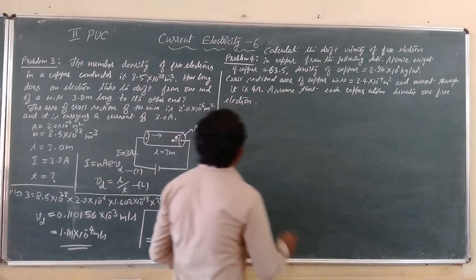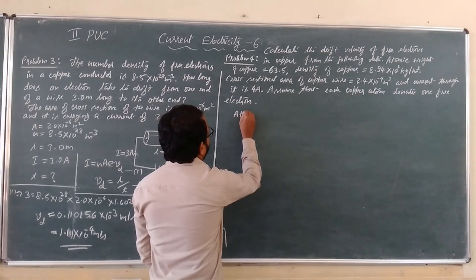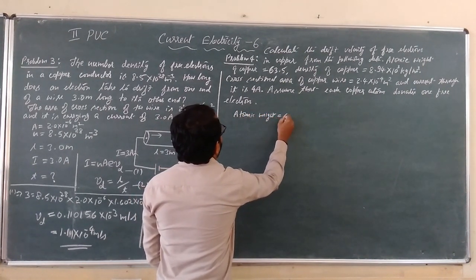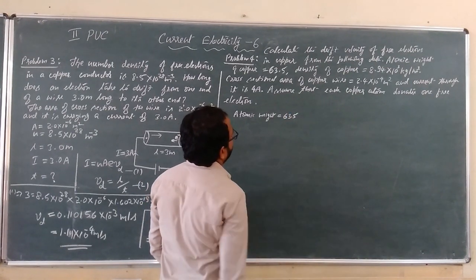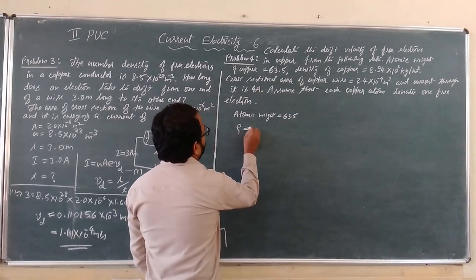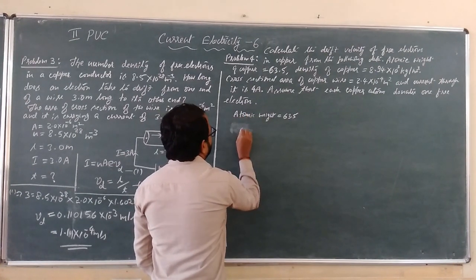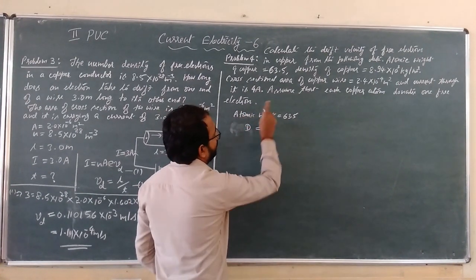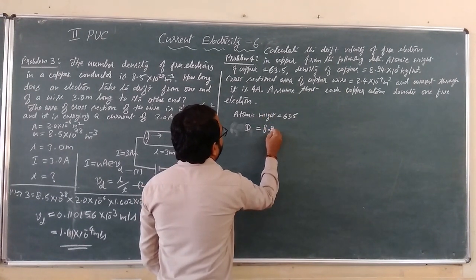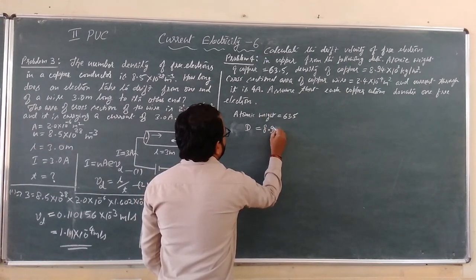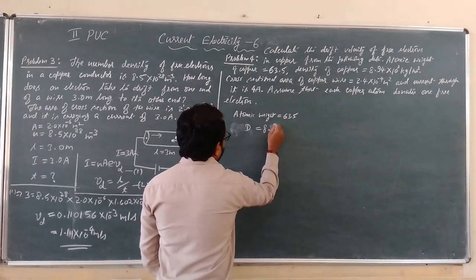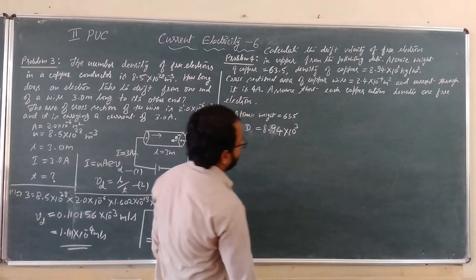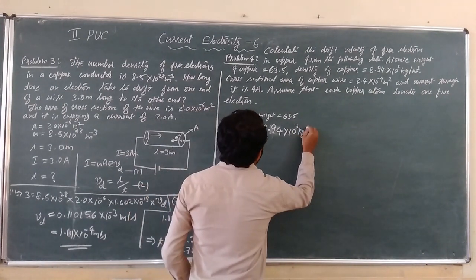Data given: atomic weight of copper, or atomic mass, is 63.5. Density of copper, say capital D, since we use rho for resistivity, is 8.94 into 10⁻³ kg per meter cube.